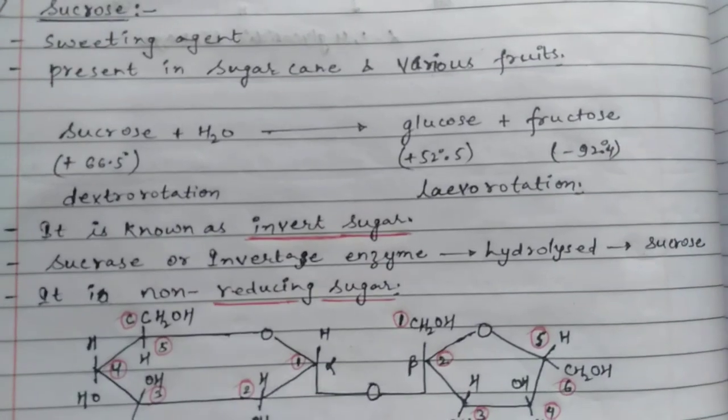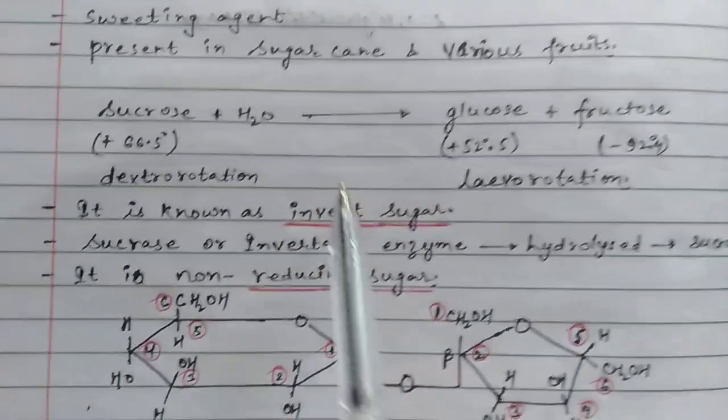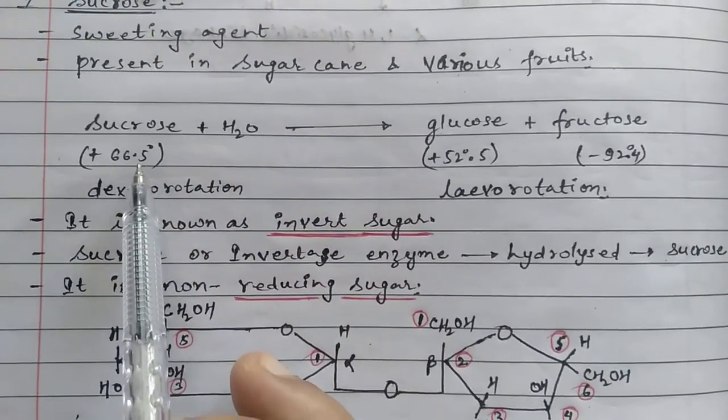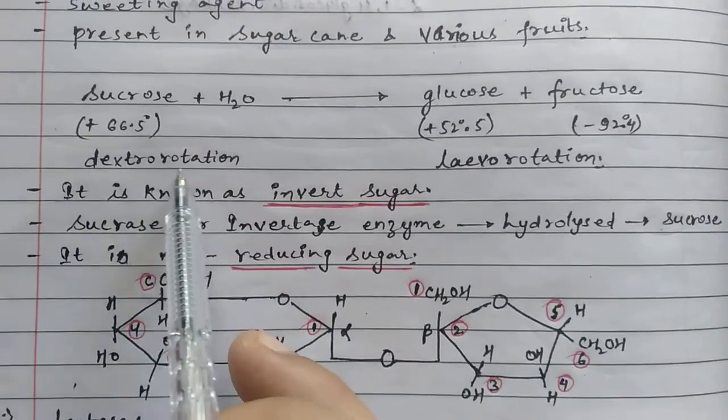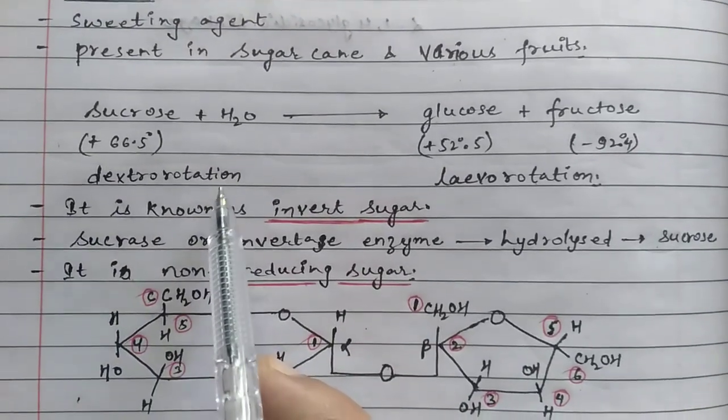You can see here sucrose has a plus 66.5 degree dextro rotation. Dextro rotation means what?